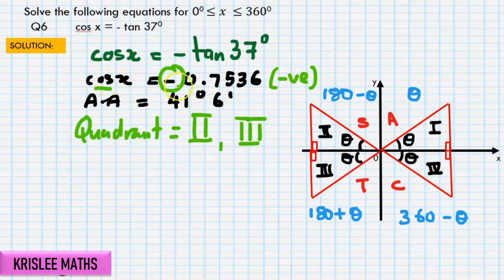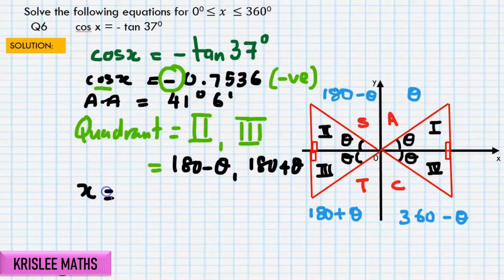Again, cos is negative in the second quadrant and the third quadrant. Therefore, in the second quadrant it is 180 minus theta, and in the third quadrant it is 180 plus theta.